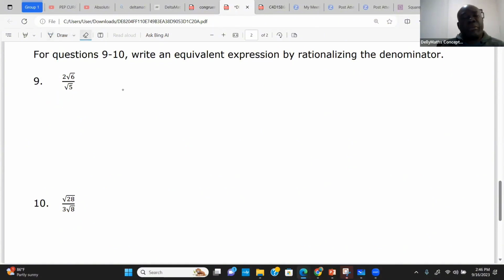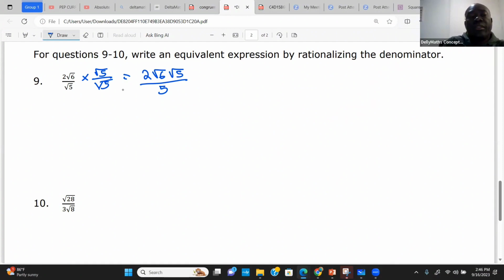Mathematicians do not like to represent their response with a radical in the denominator, which means that we're going to multiply the numerator and the denominator by the root of 5. So at the top, we're going to have 2 root 6 times root 5 all over 5.